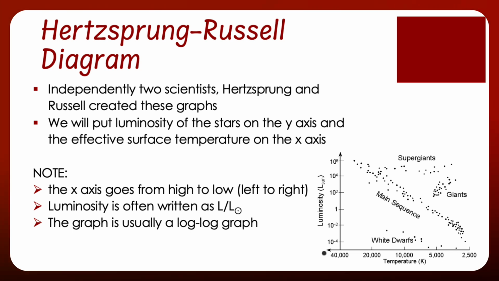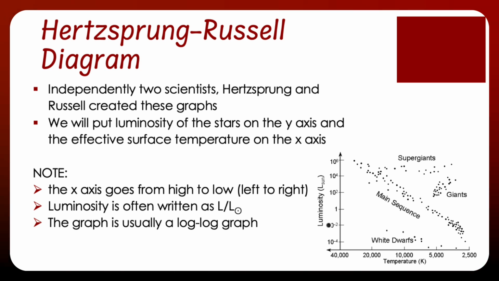Take a look at these axes. First of all, I have 1 over 10,000, 1 over 100, 1, 100, 10,000. So this is a logarithmic scale. It is not linear. The other thing is it says that it's in comparison to the luminosity of the sun.